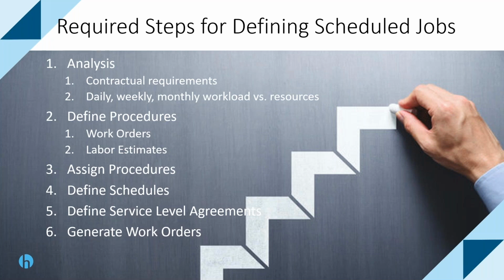So if a plumbing procedure is generated, you have to have a service level agreement set up to assign the work order to the plumbing team. And all of the standard reactive maintenance requirements in Archibus will get picked up at that point. So having work teams and craftspeople set up, all those things that we do for reactive maintenance, need to be done by the point that the work order is generated for the job.